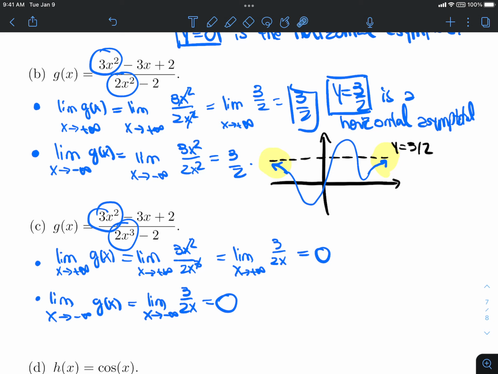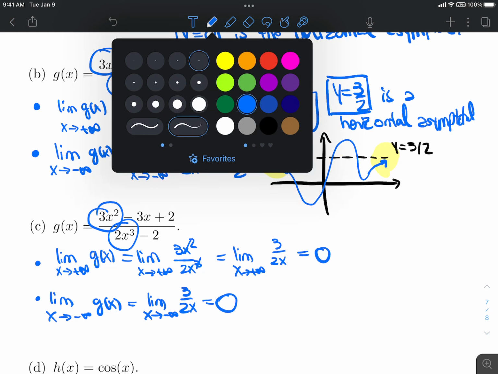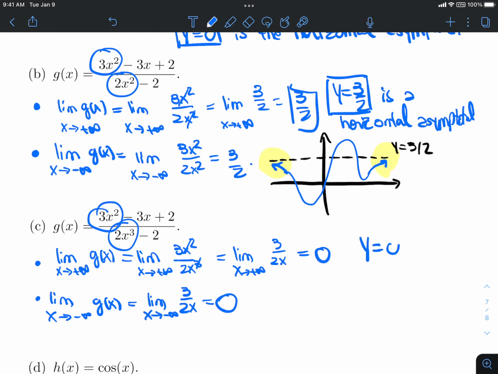The bottom is still super big. The difference is that this is going to approach 0 from the left, from negative values, right? This is going to be always negative, and this is going to be always positive. So basically, the one horizontal asymptote we have is this.